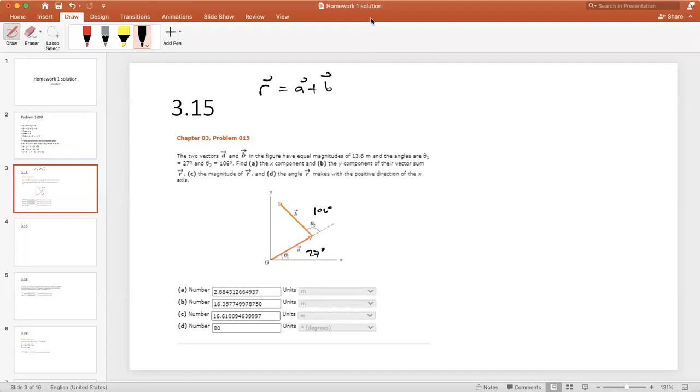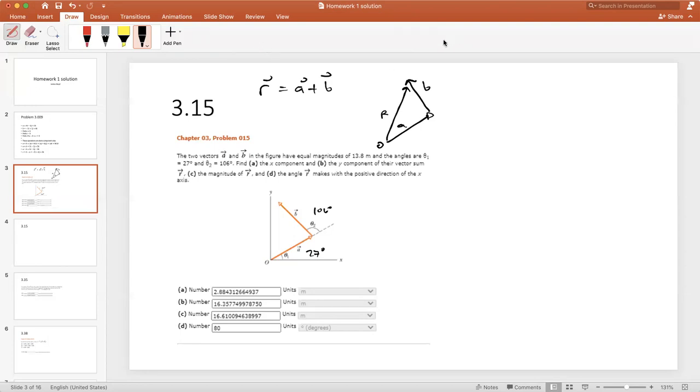So one way of doing this is we can note that A is here, B is here, and if we draw a vector R from the tail of A to the tip of B, since this is the origin, A plus B minus R is equal to 0, or R is equal to A plus B. We've done that before.